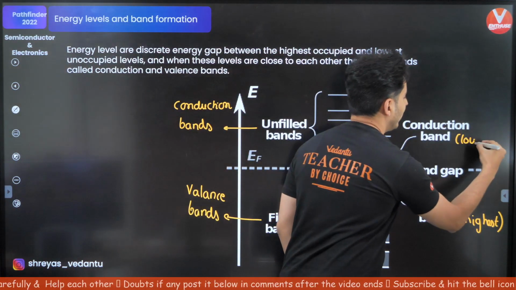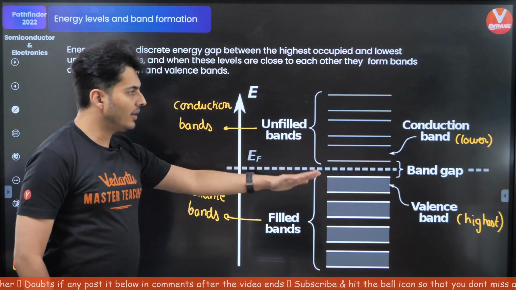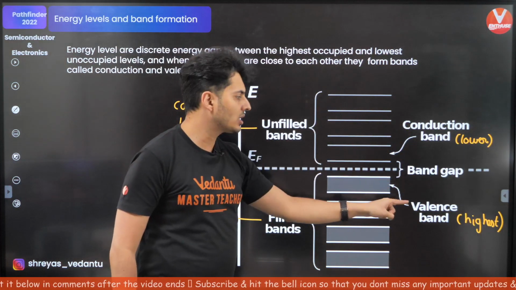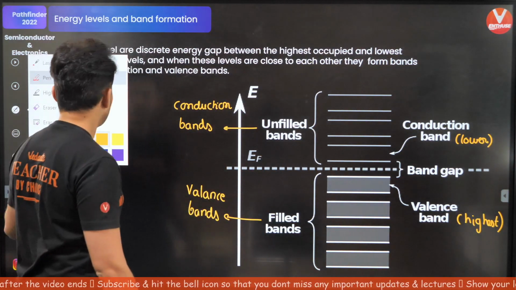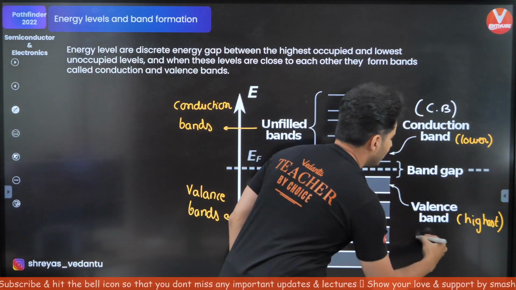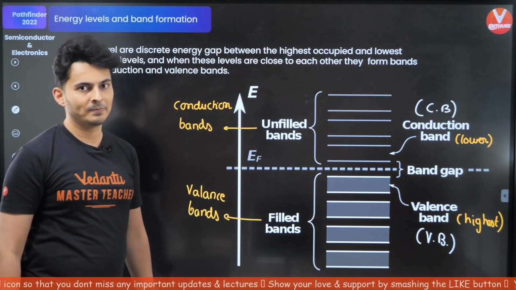So this is the lowermost. Usually in our day-to-day reference, we will be talking about singular forms, band of conduction or band of valence. Sometimes they also write this as conduction band, CB, and valence band, VB, in short form. That's something which you should know.